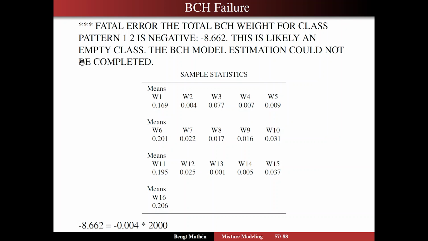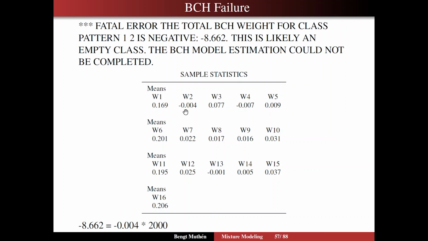So if you want to look at that, you can actually look at the weights that you save from the first step, the BCH weights. You can do the sample statistics on them, on the weights. You can look at the means. And you see then that you have a negative mean for the second weight, and the second weight corresponds to pattern 1, 2. First weight is 1, 1, second is 1, 2, and this is 1, 3.